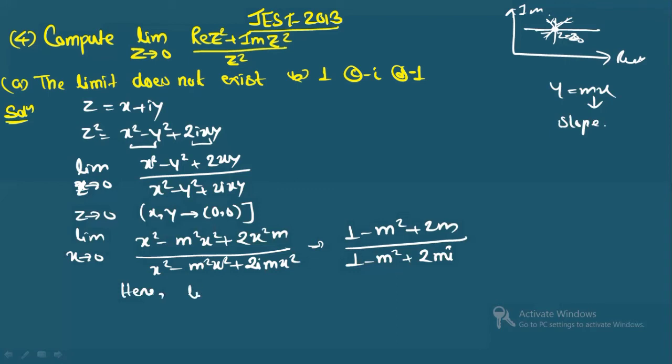Here m is there, m is the slope, the slope is the path. So this limit will depend on the path.